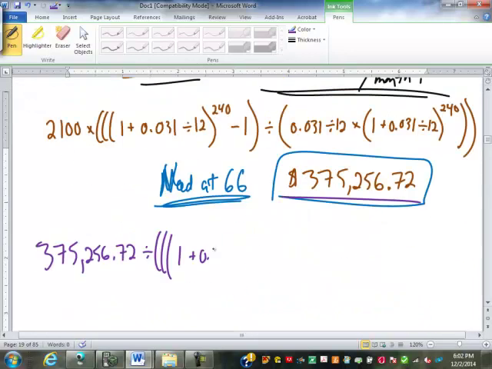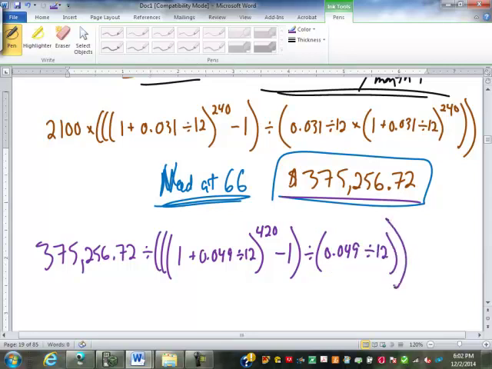Yes. 0.049 divided by 12, close to the power of 35 years, which is 420 months, minus 1, close, divided by open, 0.049 divided by 12, close and close. That is it. Remember, we're in the accumulation phase now, so we don't have that extra term over here.